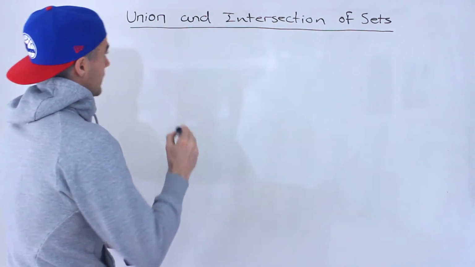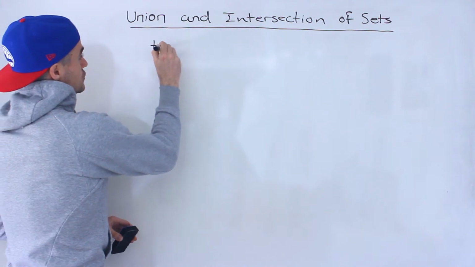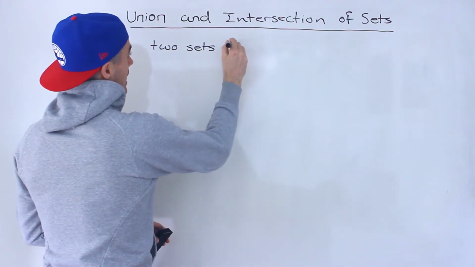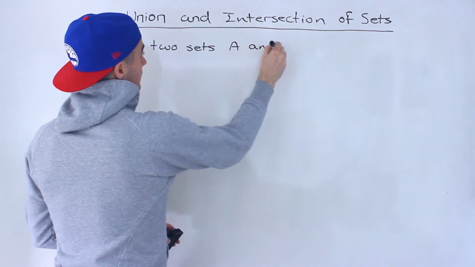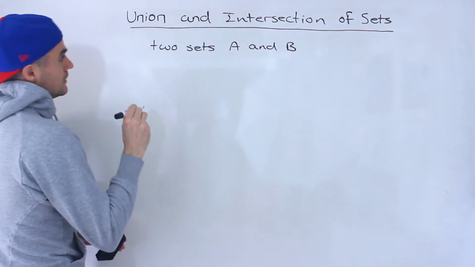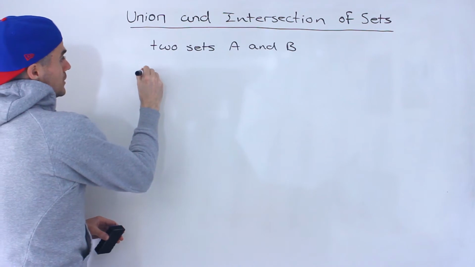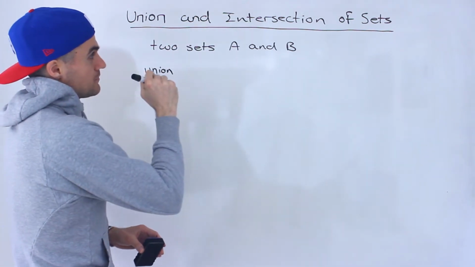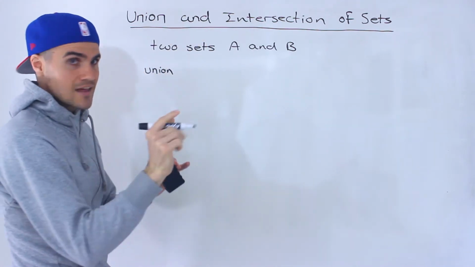So to start off, let's say that we have two sets. As an example, let's say A and B. The union and intersection of sets are sets themselves.